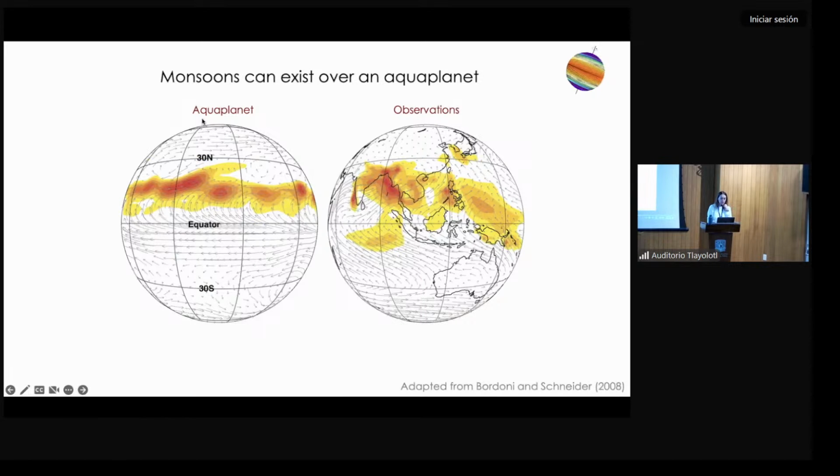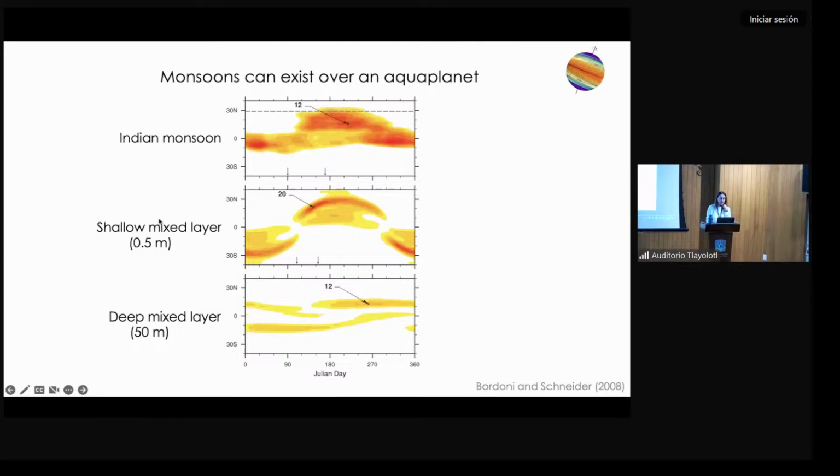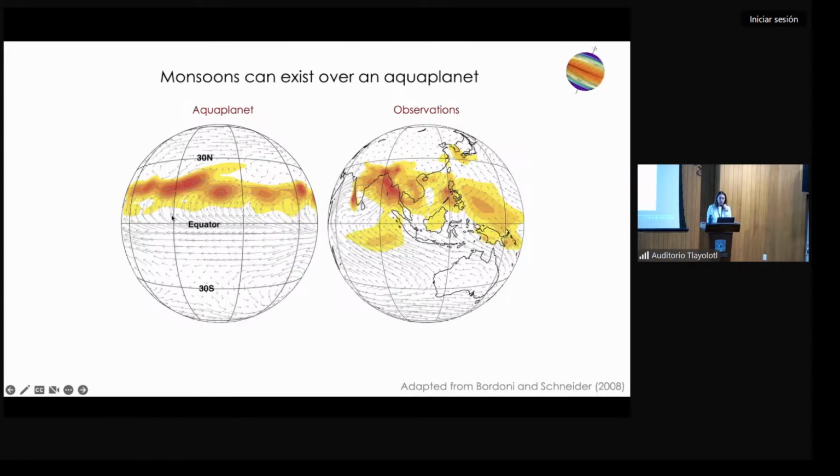And so here I'm showing a snapshot from this shallow mixed layer simulation during Northern Hemisphere summer, where again, shadings represent precipitation and the vectors represent the lower level winds, shown against the observations for the month of July, focusing over the Southeast Asian monsoon sector.